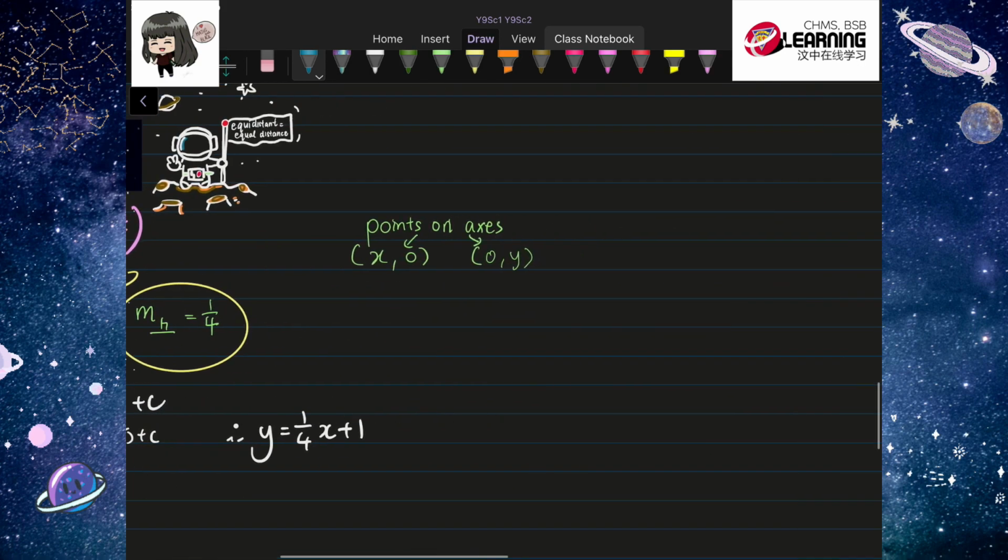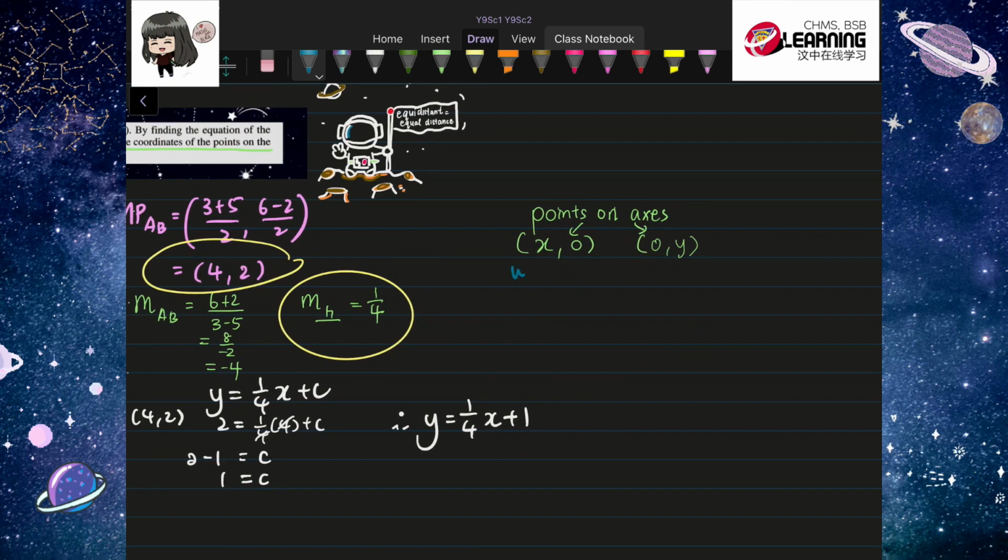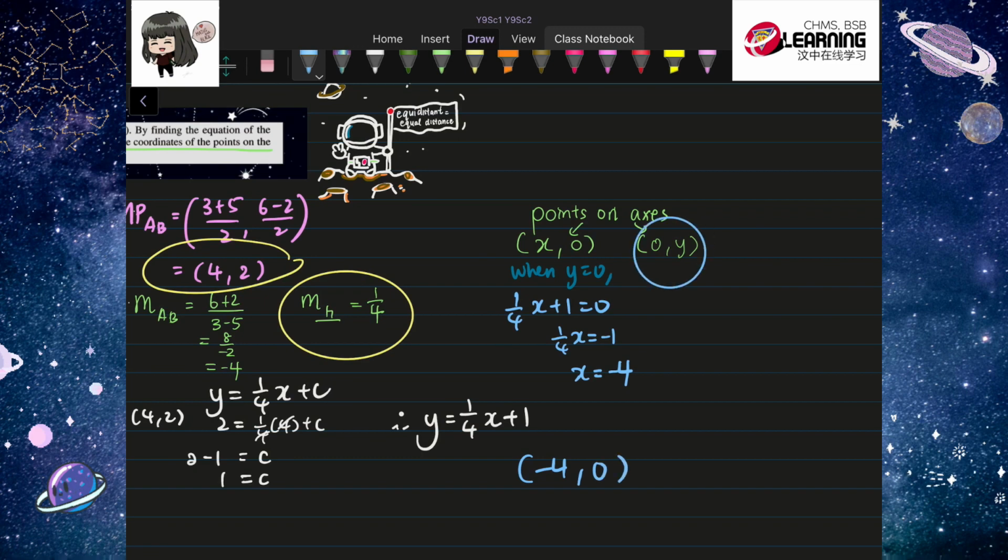Okay, so if you need to find the points on the axis, it means you need to find when y equals 0. So when y equals 0, 1 over 4 x plus 1 equals 0. So your x is negative 4. Okay, so your coordinate is negative 4, comma 0. And this one is your y-intercept, right?